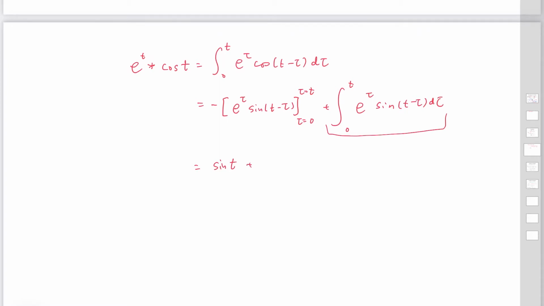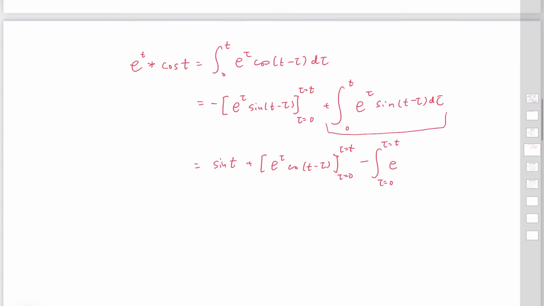So it becomes exponential tau cosine(t minus tau), with tau equals 0 to tau equals t, minus the integral from 0 to t of exponential tau cosine(t minus tau) d tau.